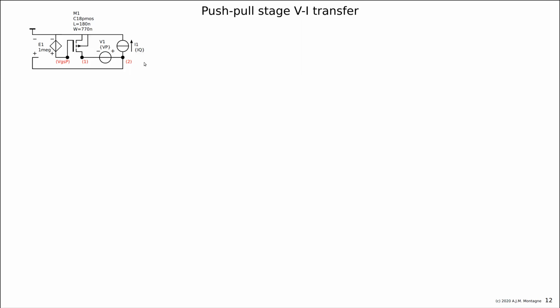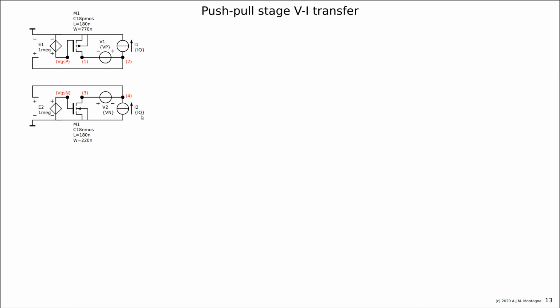So here the operating current IDS is IQ, and the voltage that we want to operate is VP. Now here we have the N device, and that is, let's say, what you hopefully recognize from the previous lecture.